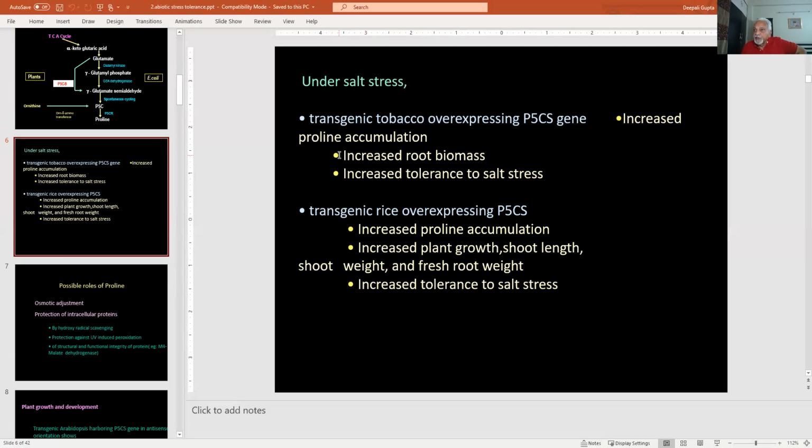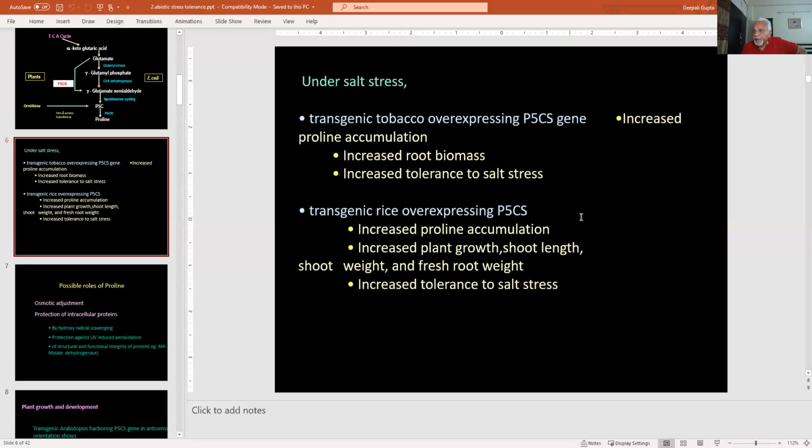It also increased the root biomass and increased tolerance to salt stress. So it confirmed that if you overexpress this gene in transgenic plants, it does what is expected from this gene. Later on, the same thing was repeated in rice.